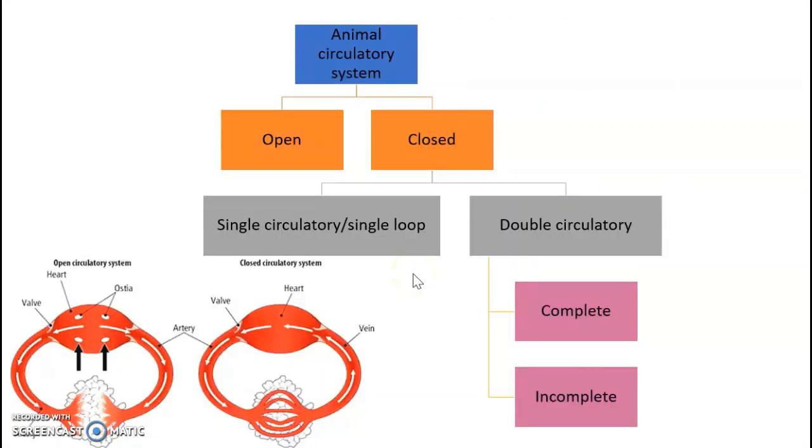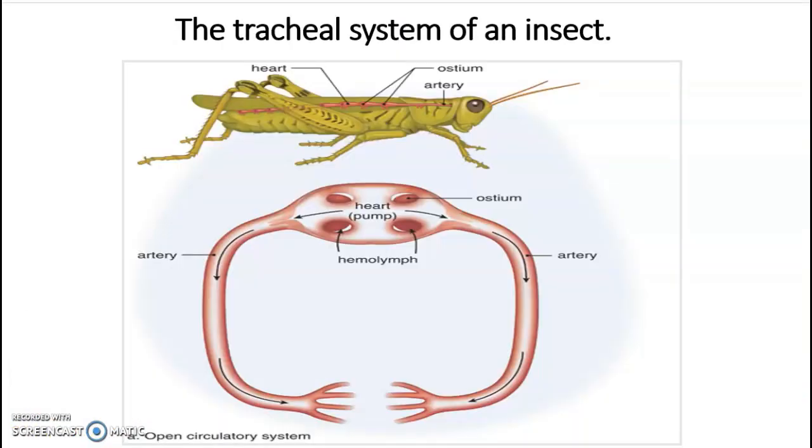Example of open circulatory system is the system that could be found in most of the insects. Insects have tracheal respiratory system in which oxygen and carbon dioxide travel primarily through air-filled sacs or tubes, which we call the trachea.